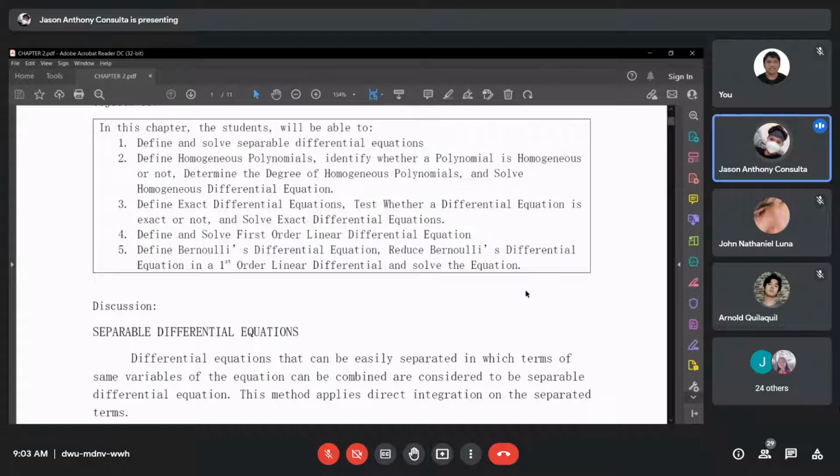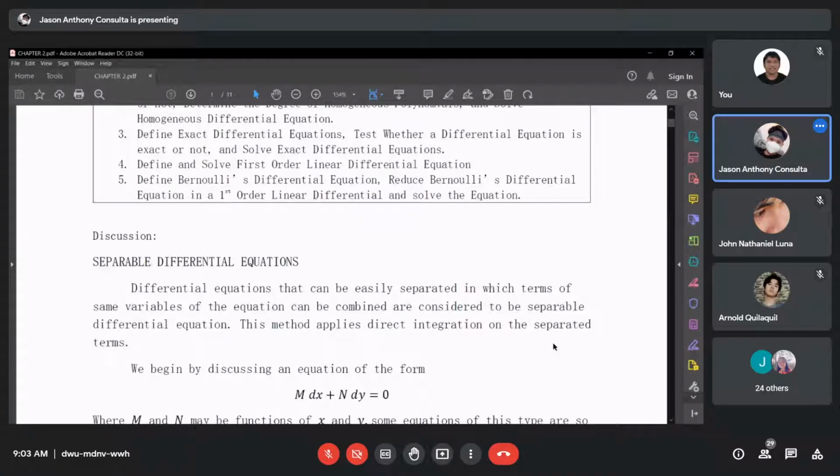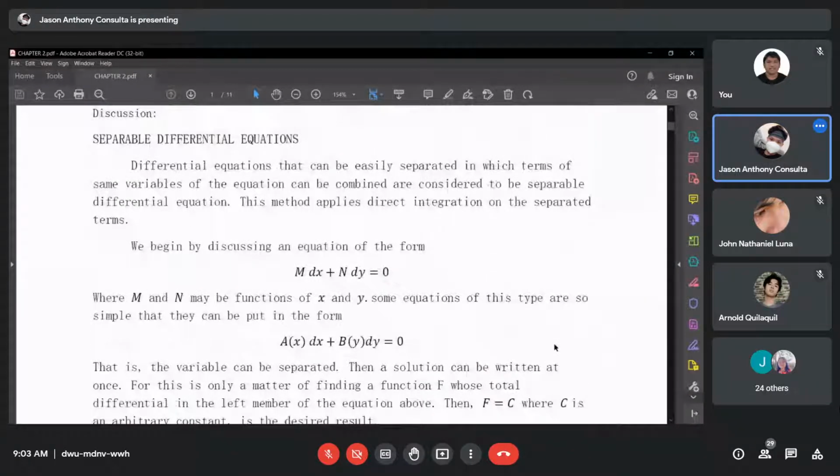Okay? So let's start with the separable differential equation or the variable separable. So this separable equation are differential equations that can be easily separated, in which terms of same variables of the equation can be combined.